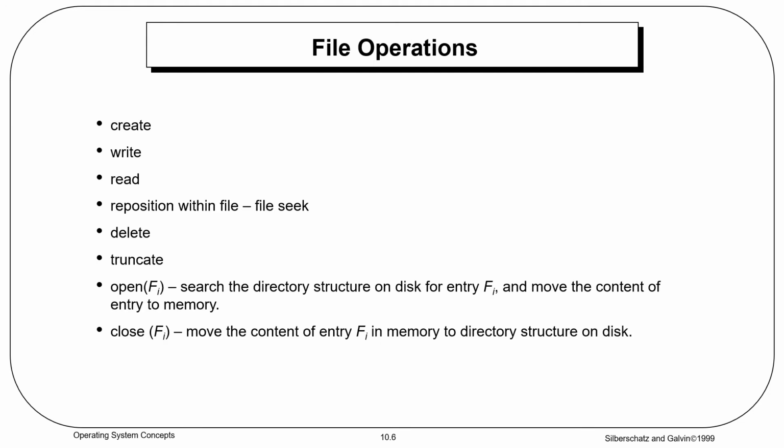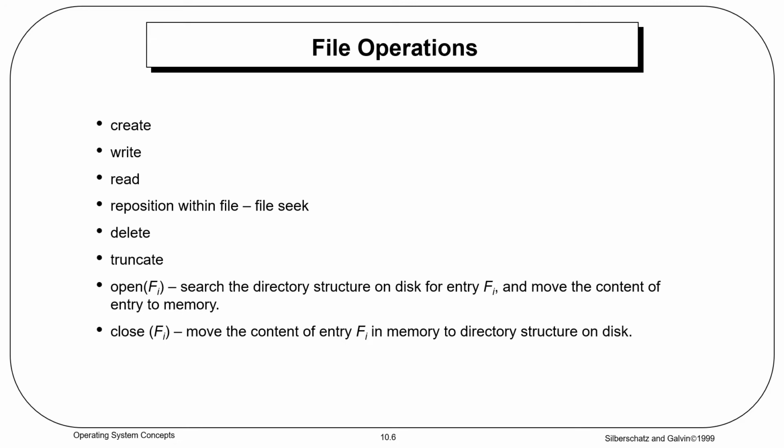Now we'll discuss file operations. A file is an abstract data type. To define a file properly, we need to consider the operations that can be performed on files.